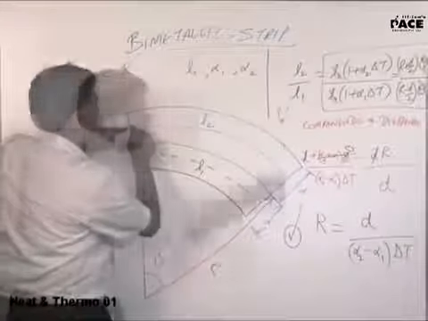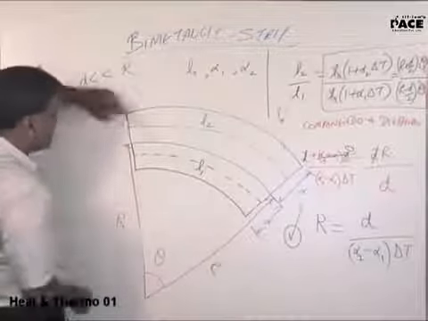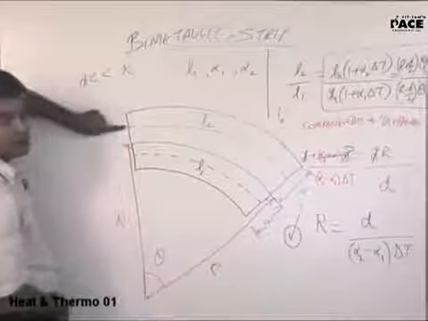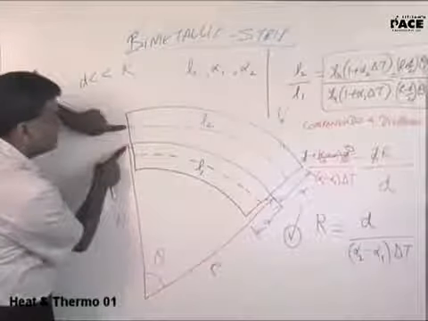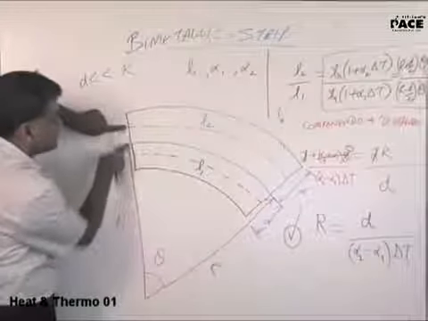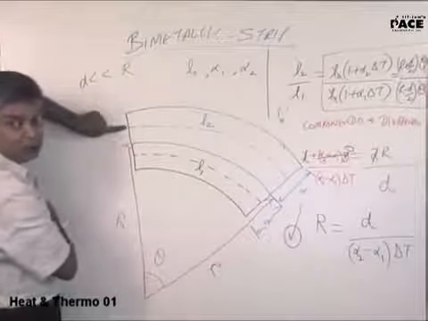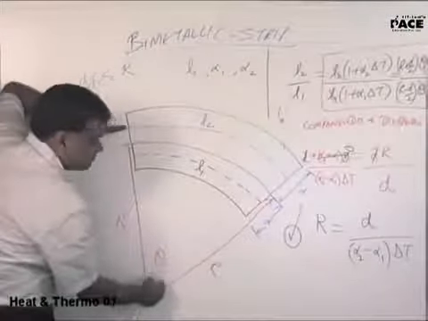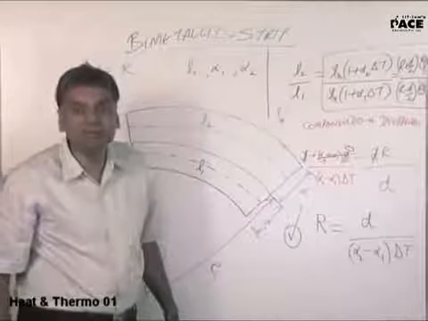L2 is this length. Is that okay, Sakshi? Yes. Now, what is the distance between this point, I'm keeping my finger here, and this point? Tell me. R, how much is this? D by 2. R plus d by 2. Yes, into theta. That's what I've written there. (R plus d by 2) theta.